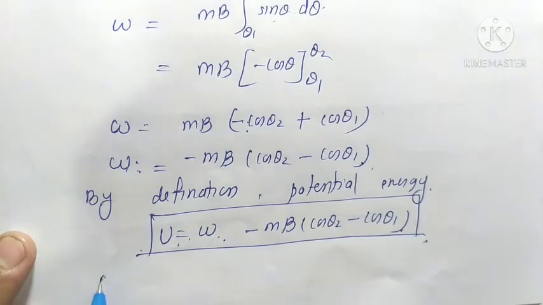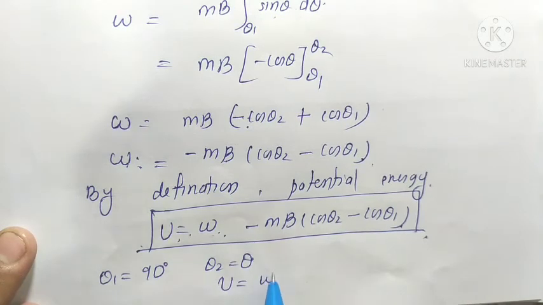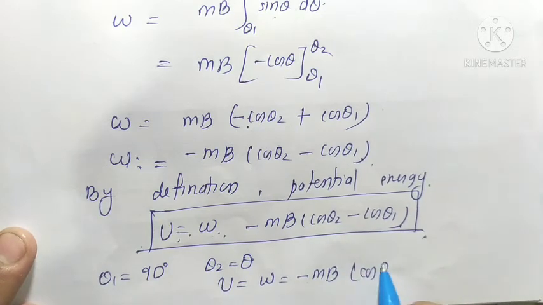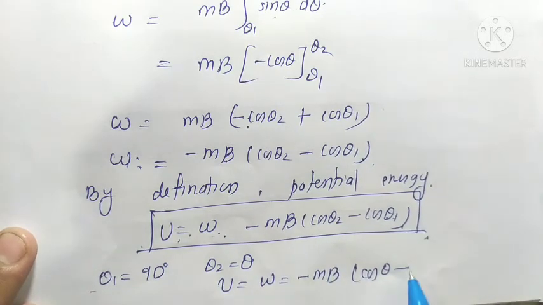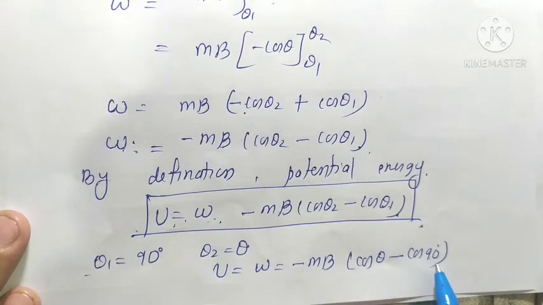So when theta 1 is 90 degrees and theta 2 is equal to theta, what happens? Then U is equal to W is equal to minus mB. Here cos theta 2 is cos theta and cos theta 1 is cos 90 degrees, which becomes 0.